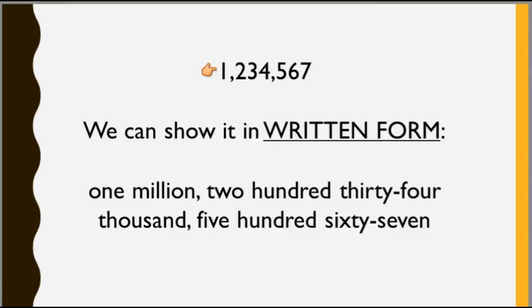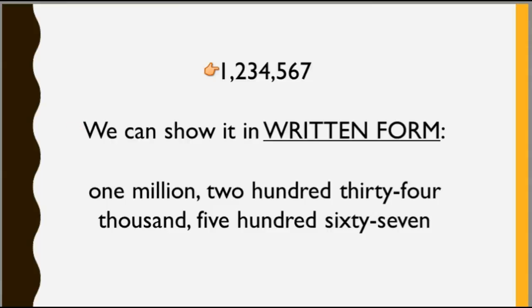Here's our standard form, but we can also write it in the written form, which I think is the most annoying for all students and even adults. Nobody likes to write out numbers in the written form, but it is an important skill, so we're going to be practicing that this year.